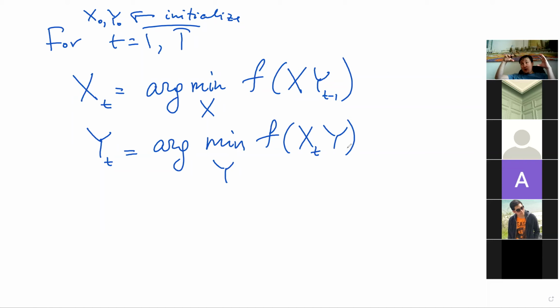Then for fixed X1, you optimize over Y and you find Y1. At the next step, given Xt minus 1, Yt minus 1, you first optimize over X, with Yt minus 1 fixed, and you find Xt. Then for given Xt, you optimize over Y, and you find Yt. This basic algorithm is called the alternating algorithm.